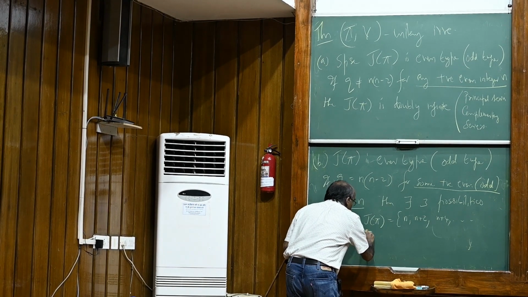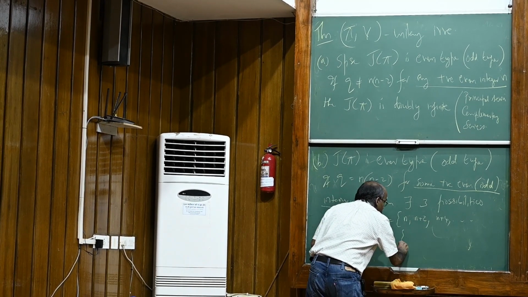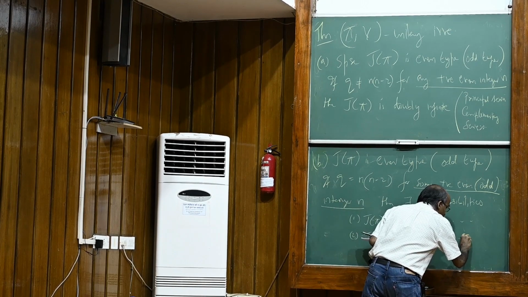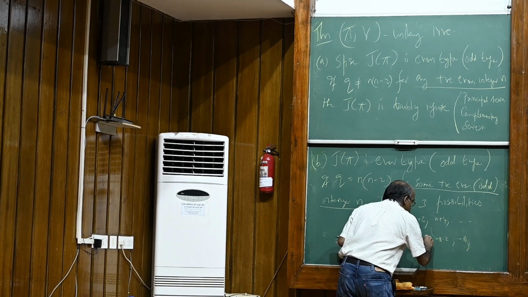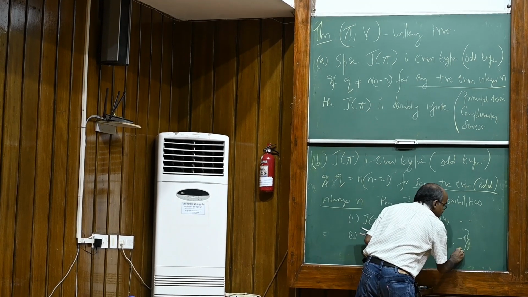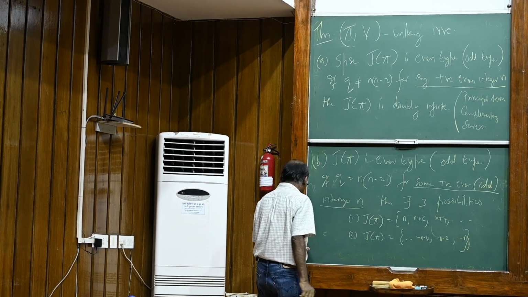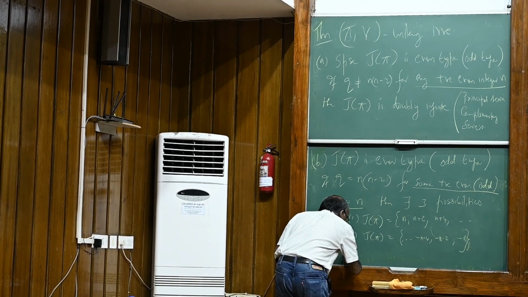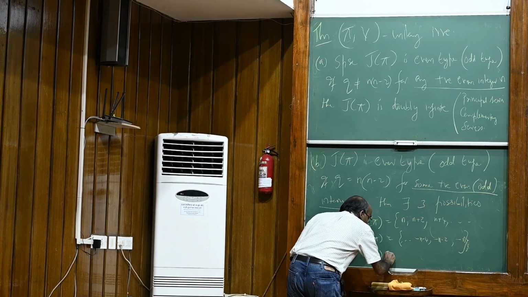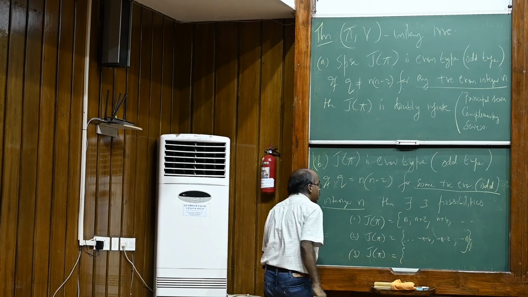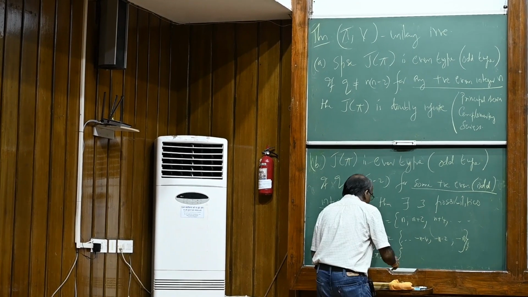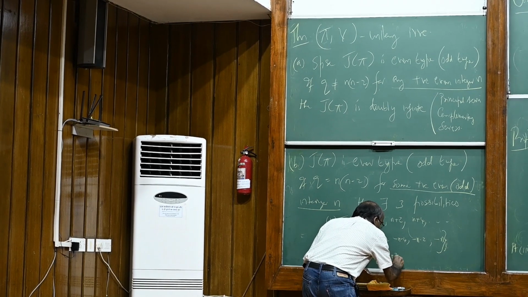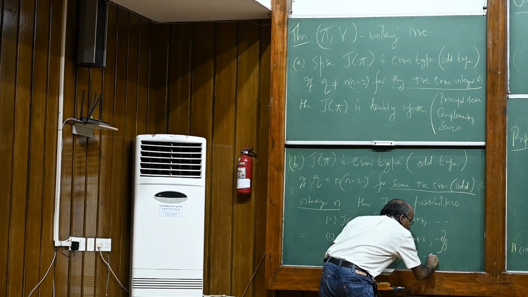Two, J pi goes from minus n minus 2, minus n minus 4, etc. and stops there. And three, well, these are the finite dimensional representations, so they are not unitary, so we don't count them, but they are admissible. Minus n plus 2 all the way to n minus 2.